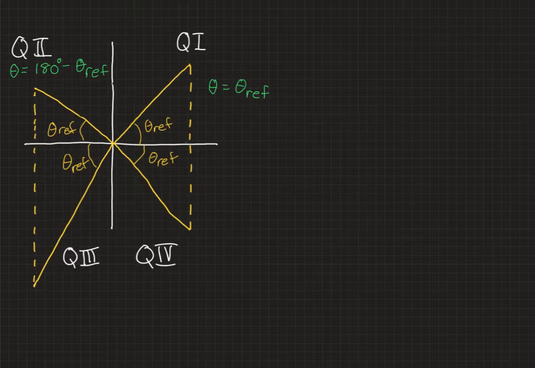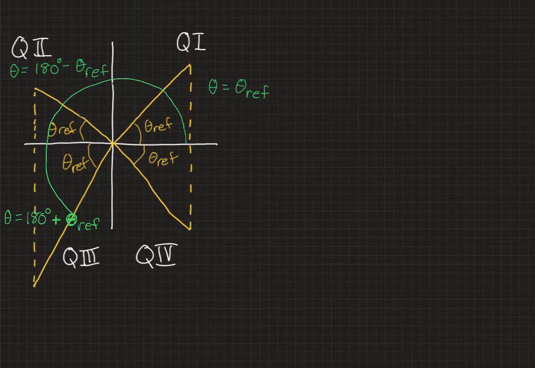In quadrant 3, this would be your standard angle. So in quadrant 3, theta will equal 180 degrees plus theta sub reference. 180 degrees plus your reference angle.